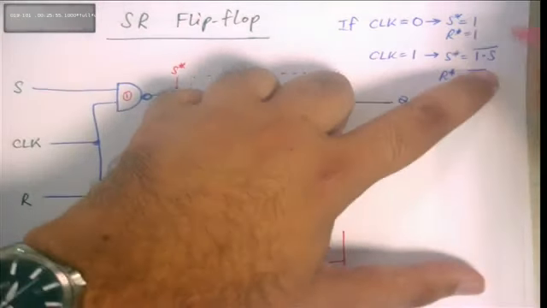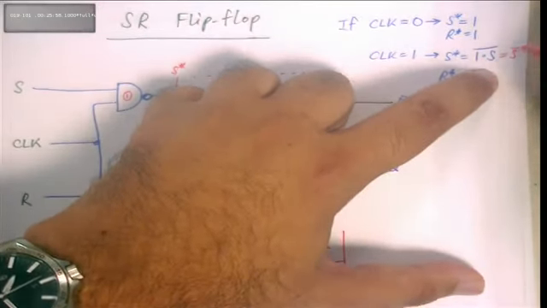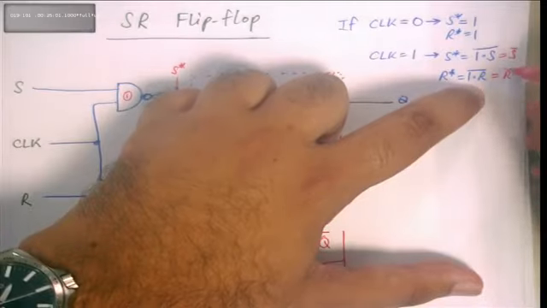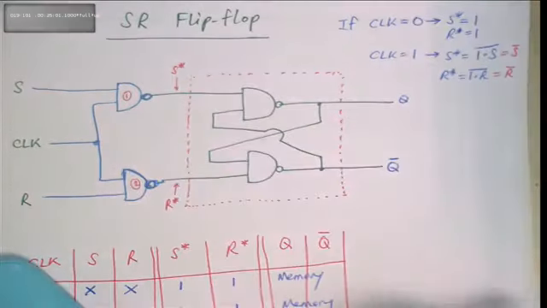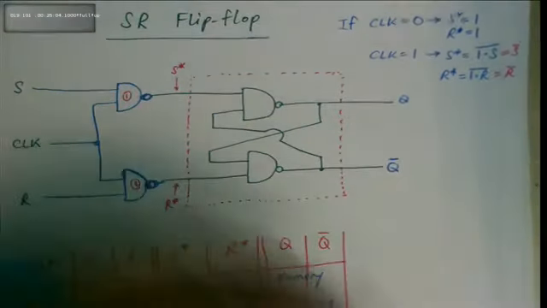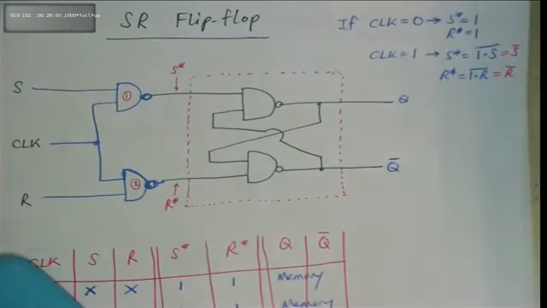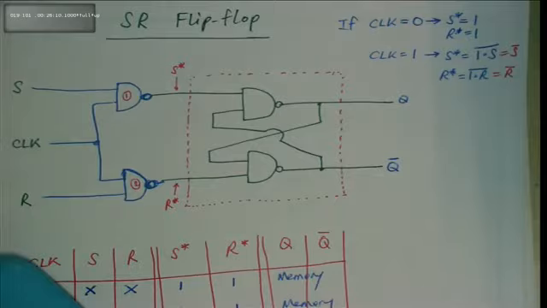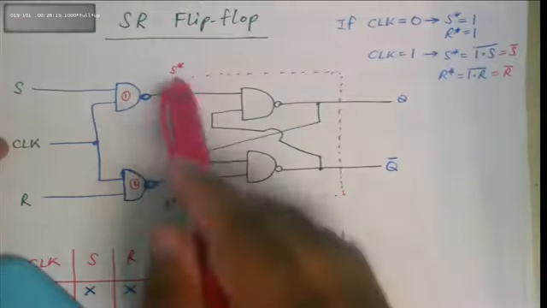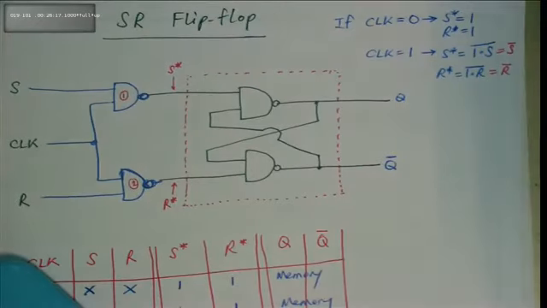And what is that equal to? S bar, R bar. 1 NANDed with anything gives you the opposite. If you remember the truth table, 1 NAND anything will be the invert. Is everyone happy with that? So basically, if clock is equal to 0, S star and R star are fixed to 1, no options. If clock is equal to 1, they'll be the opposite.